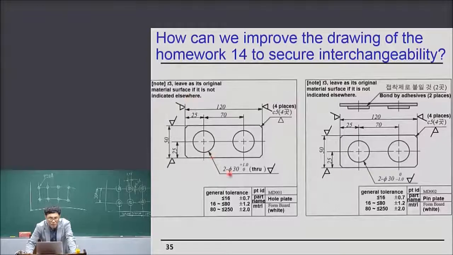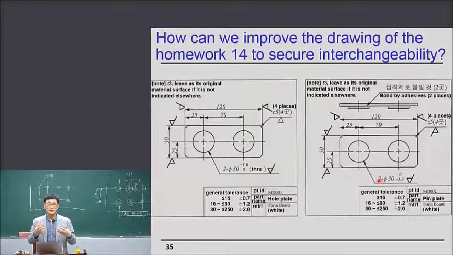So now, what's your strategy? Okay. Now, what should be satisfied? First of all, the MMC diameter of the hole plate and the MMC diameter of the pin. Now the first step is what? Large gamma. You have to think about large gamma.